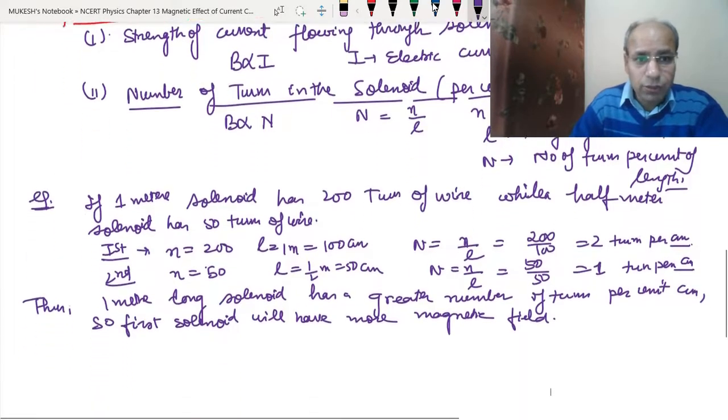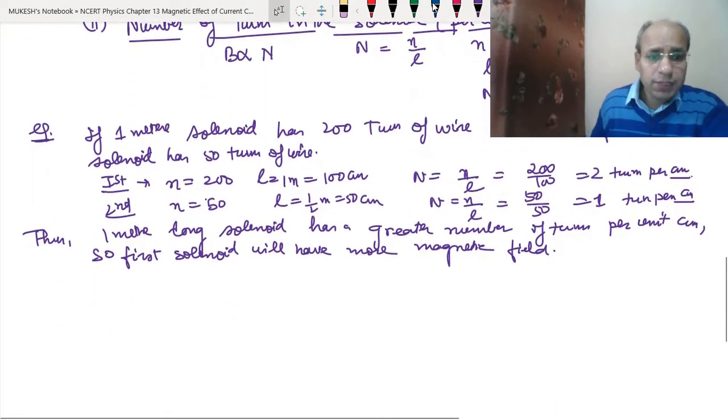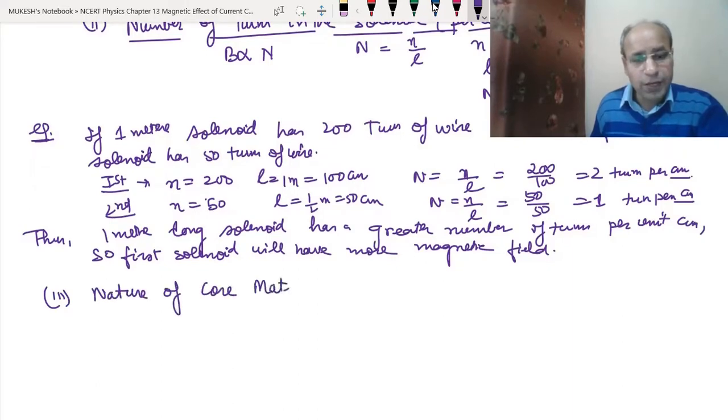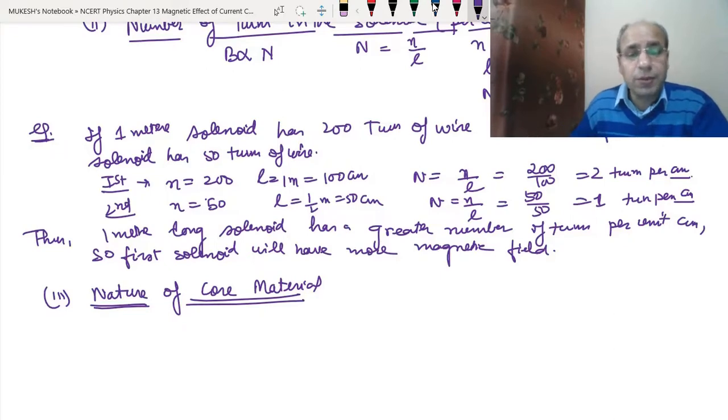The third point I told you. What is the third point? The nature of the core material. Core material means, suppose inside the solenoid we put some material like a soft iron bar, then the field will become much more, because that soft iron bar will also get magnetized.